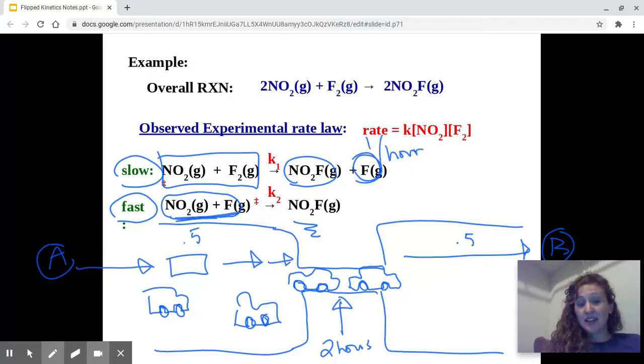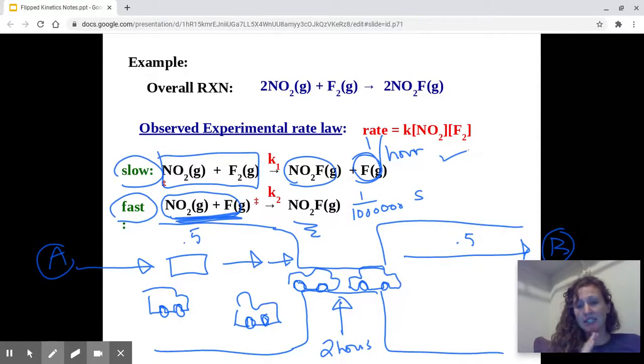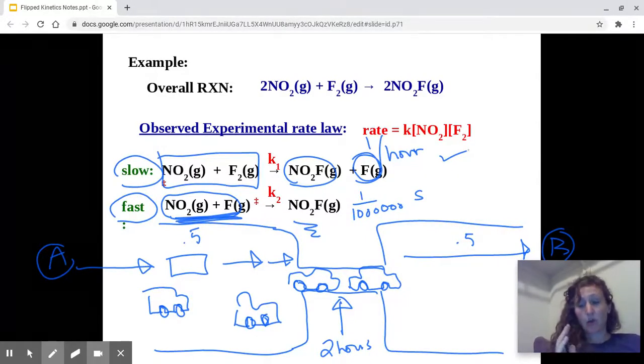And then this second section happens in a millionth of a second. Okay, the second part happens super fast, but it doesn't really matter because the first part, your slow part of the reaction, is going to determine the rate of your reaction.